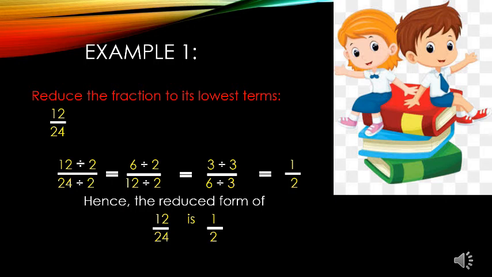So, the number that divides both the numerator and the denominator is the number 3. So, we divide the numerator and the denominator by the number 3. Hence, we obtain the fraction 1 by 2. Therefore, the reduced form of the fraction 12 by 24 is 1 by 2.